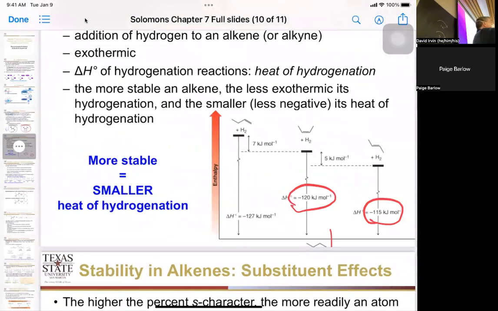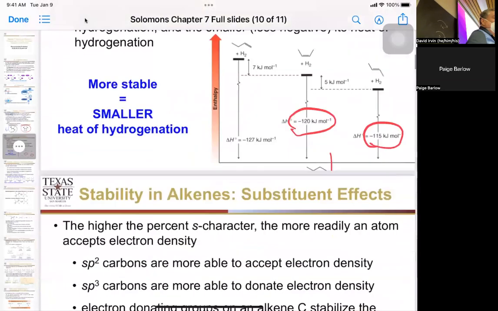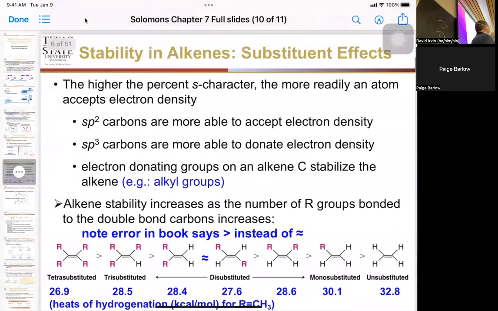But we were talking about things with more than 2 things on them. So let's talk about why different things are going to be more stable. First of all, the carbons we're using are now sp2 hybridized. When they were sp3 hybridized, they had 25% S character. And S is smaller, holds things tighter. These are sp2 hybridized carbons, and they're more able to accept electron density because of the unhybridized p orbital.